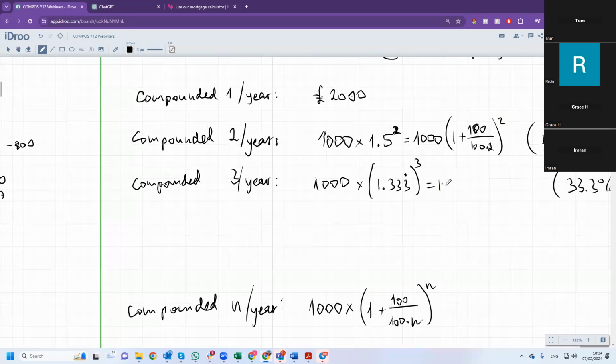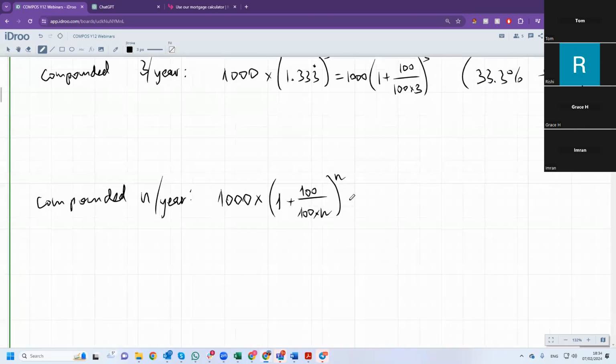And this is 1,000 times 1 plus 100 divided by 100 times 3, to the power 3. And the same thing here. So if you simplify that, 100 cancels, so you get 1,000 times 1 plus 1 over n to the power n.